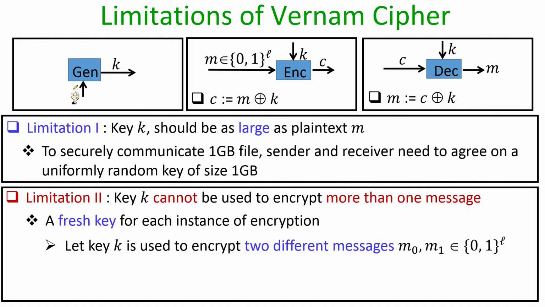It has used the key k for encrypting first the message M0 and communicated the ciphertext, and then, instead of running the key generation algorithm again, it reuses the same key k for encrypting the next message M1, and again the ciphertext is communicated over the channel. Suppose the adversary is aware that the same key has been used by the sender to encrypt the two messages M0 and M1.